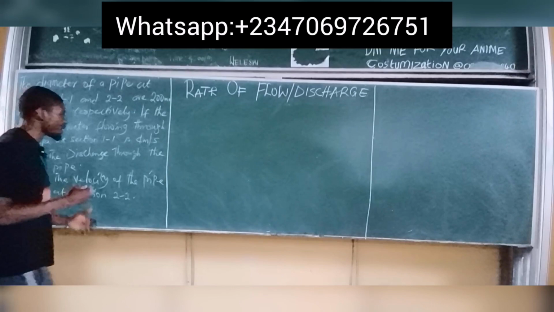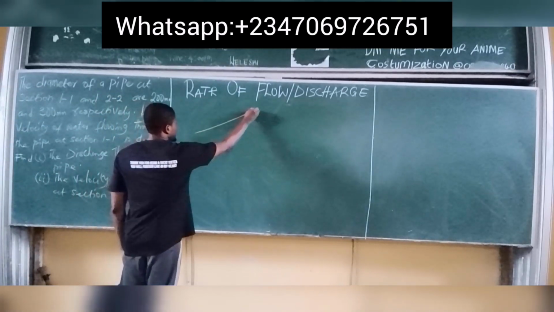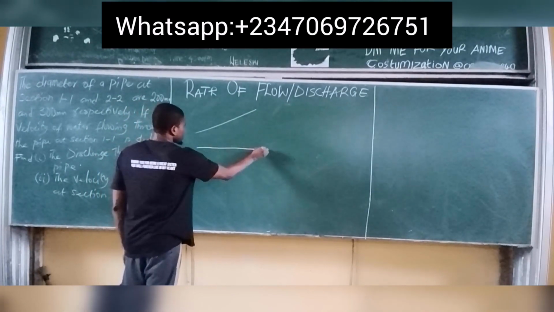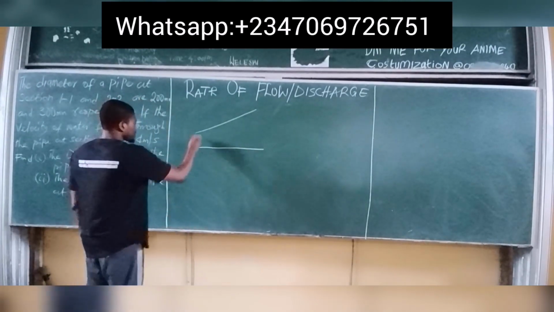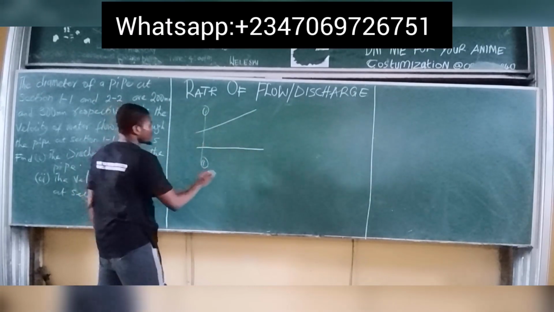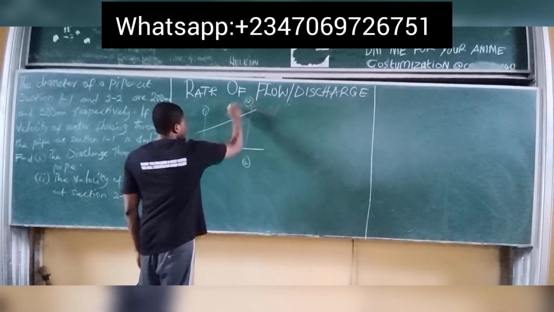So let us draw the pipe. We are given that a pipe at section 1 and at section 2 has a diameter. So call this section 1 of the pipe, and call this section 2 of the pipe.